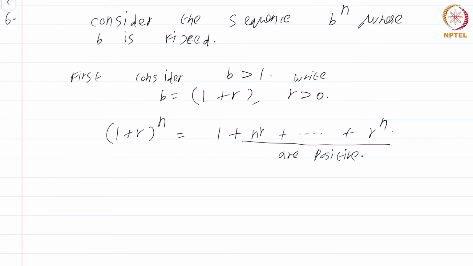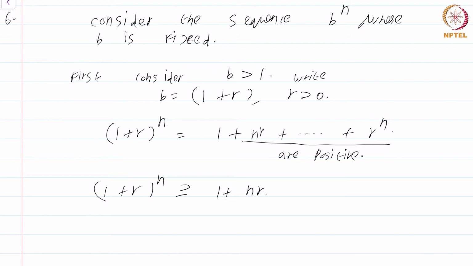So in any case, 1 plus r power n is greater than or equal to 1 plus nr. I'm just ignoring all the other positive terms.